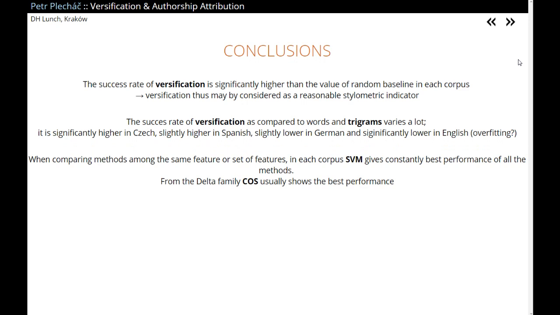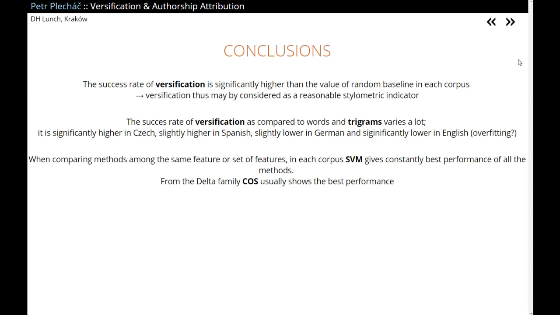So when comparing the methods among the same feature or set of features, in each corpus, support vector machine constantly gives the best performance of all these methods. I didn't include it in the chart, but I was also doing this with random forest and naive Bayes classifier, and I didn't include the results simply because support vector machine outperformed them in all the cases.